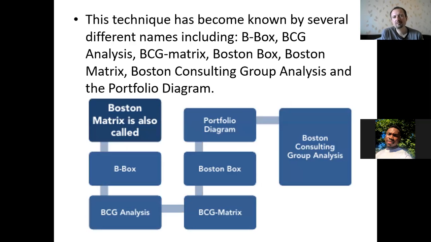This matrix has a lot of titles. You can find B box, BCG box, BCG analysis, BCG matrix, Boston box, and so on. But generally, all these names are about one instrument of strategic analysis.